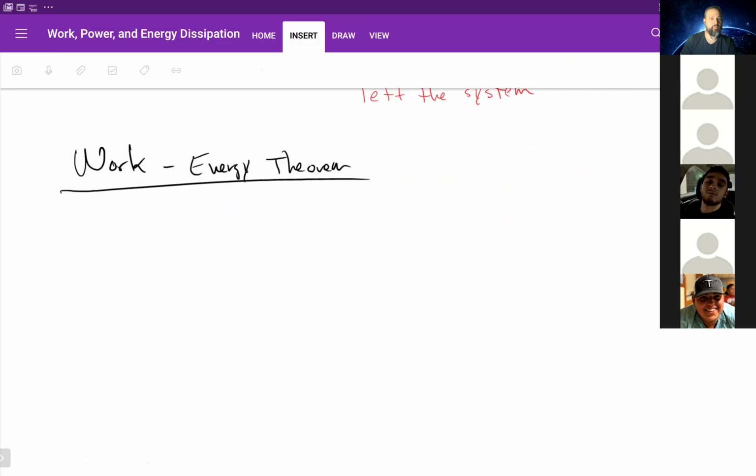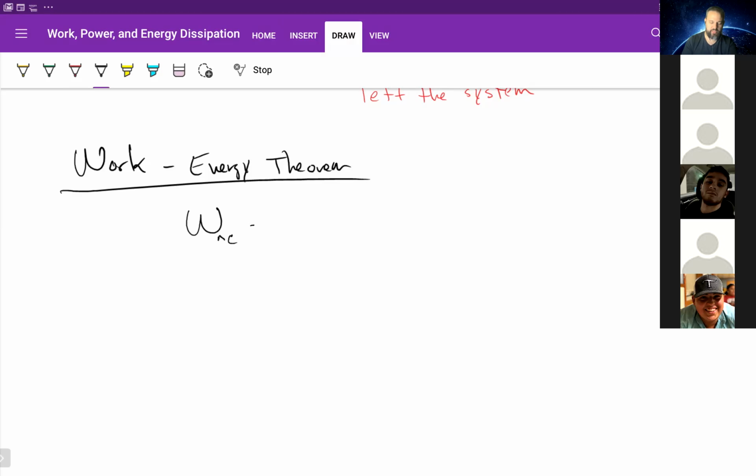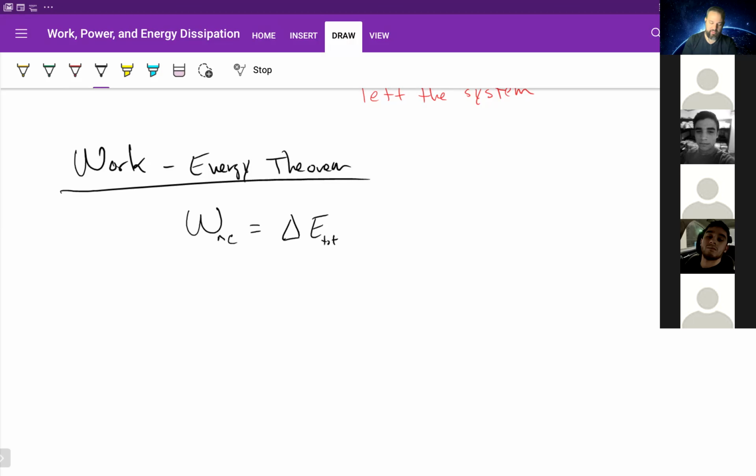Yeah, we did, it's right here. So work, now we're going to say it's non-conservative, is equal to our change in our total energy. Whenever there's no non-conservative forces involved, then the non-conservative work is equal to 0. All right. So then the change in E total is going to equal 0.